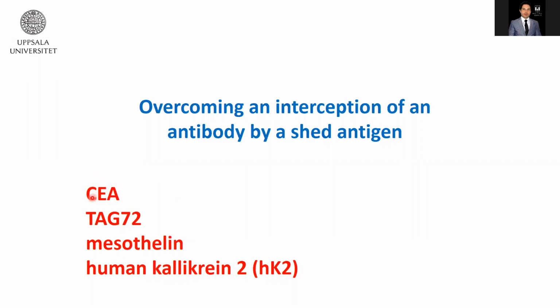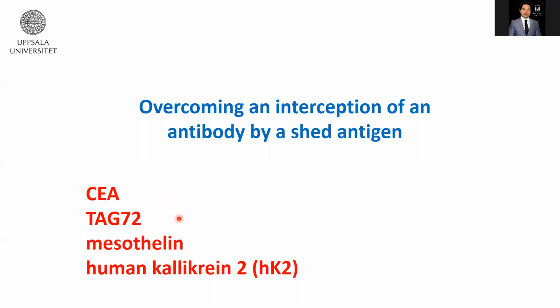For example, carcinoembryonic antigen or tumor-associated glycoprotein 72, which are very popular pancarcinoma antigens in the development of targeted pharmaceutics, are shed antigens. And constantly a certain amount of this antigen is present in free form in circulation, not only in the tumor.